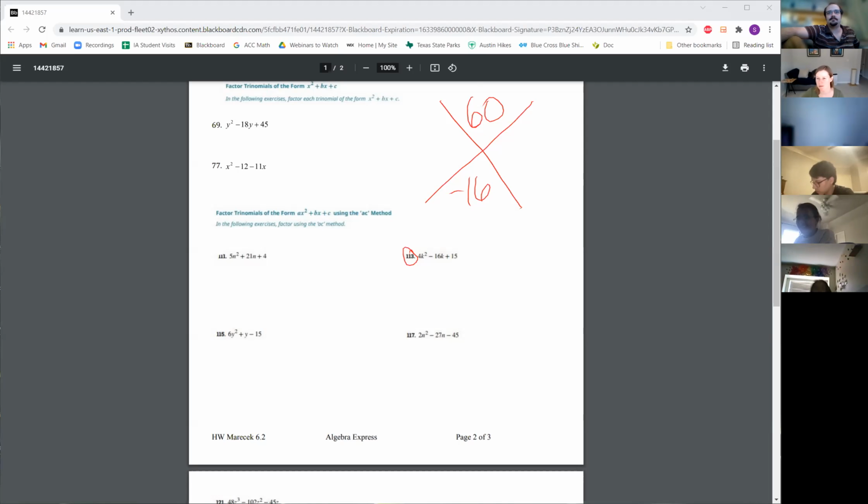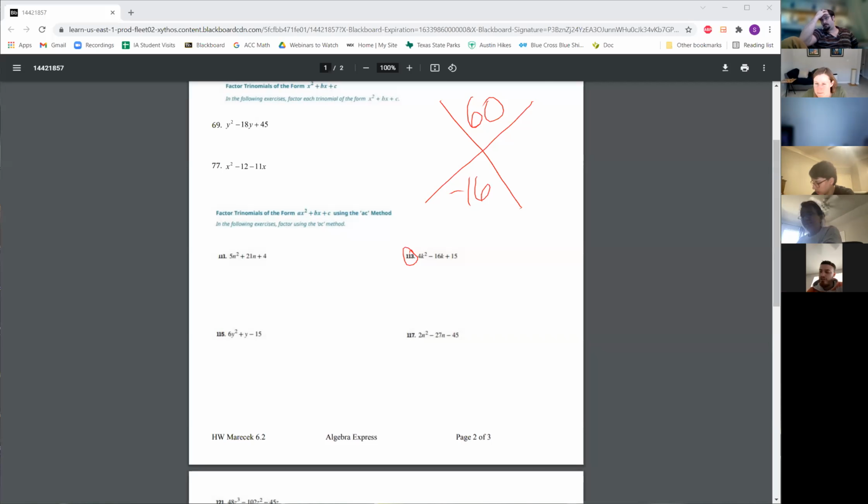We need to find the factors of 60, correct? Yes, factors of 60. Do you want us to list them all out or the one that equals that one? I don't have to list them all. I'm just looking for the one that works. If you see it quicker, then just use the one that works.